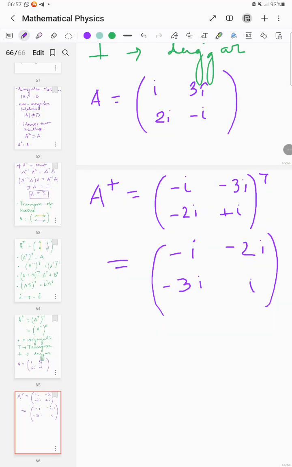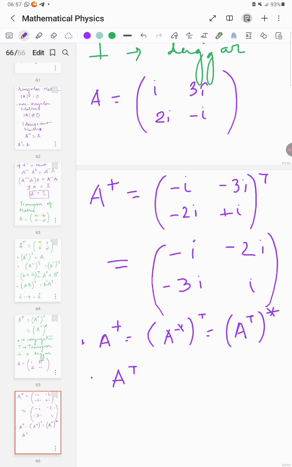Now let us look into the properties of this dagger. So A dagger, which is A complex conjugate transpose, is equal to A transpose complex conjugate. Now the next property says A dagger dagger is equal to A. The third property says A inverse dagger is equal to A dagger inverse.